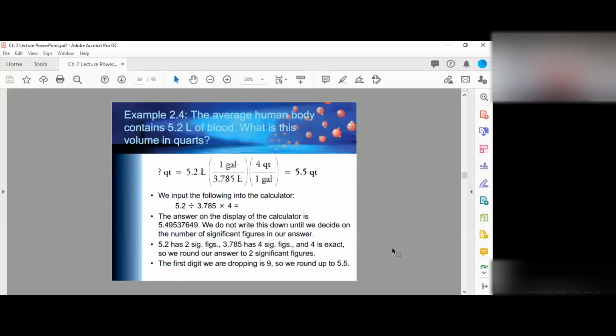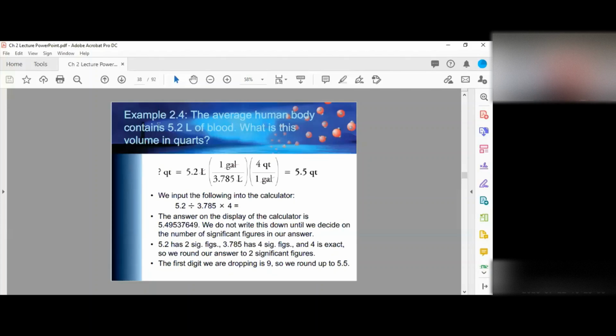Here's another one. I have a 5.2 liter of blood. The question is, what is it in quarts? Okay, I set it up. And again, I left out the unit conversion, how to set up the conversion, and I'm focusing only on the sig figs here. What is it? My final answer has to be based on the measured value that I started with.